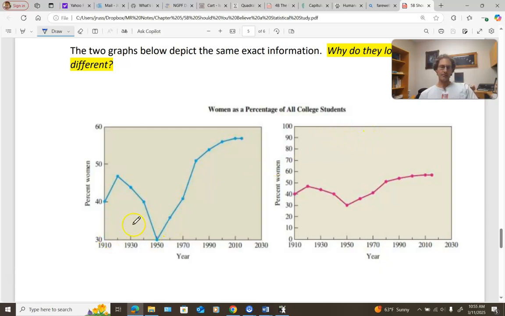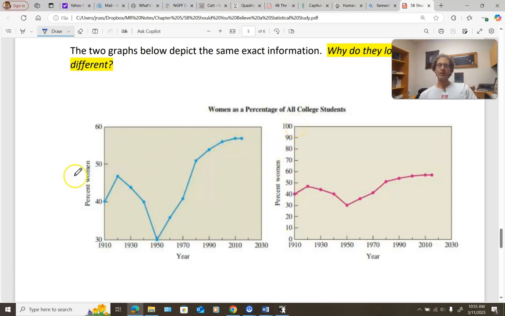Look at the left-hand graph. The horizontal scale goes from 1910 to 2030. Same thing with the one on the right. Well, look at the vertical axis, guys. This is the difference. The vertical axis here goes from 30% to 60%, and the vertical axis over here on the right goes from 0 to 100%.